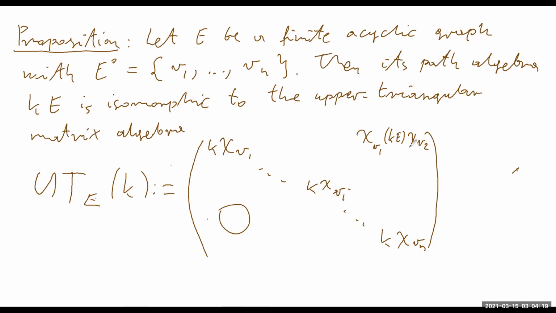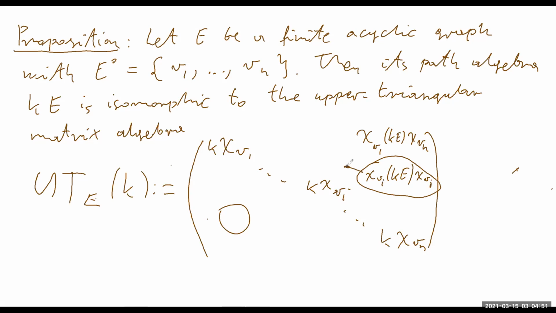Okay, so maybe I'll write it down somehow. And of course I said n and I wrote 2. Thank you, Anya. Yes, of course. So chi vi KE chi vj. Well, this is not in the last column. This is somewhere in the middle.